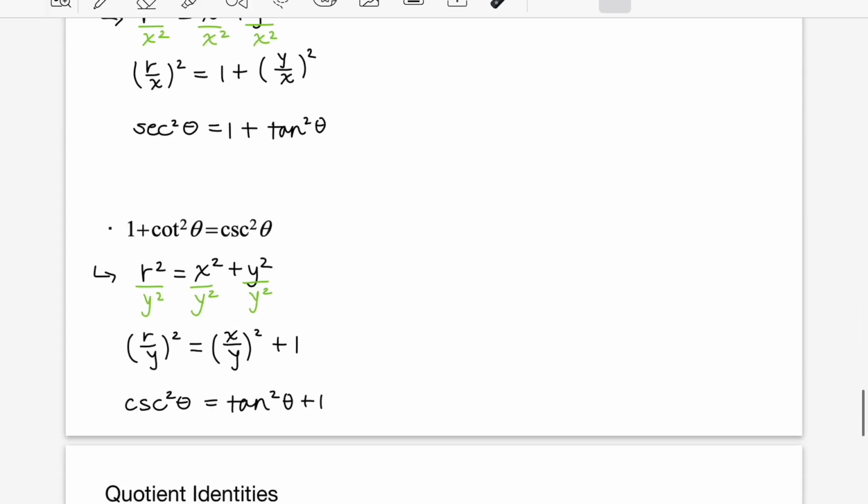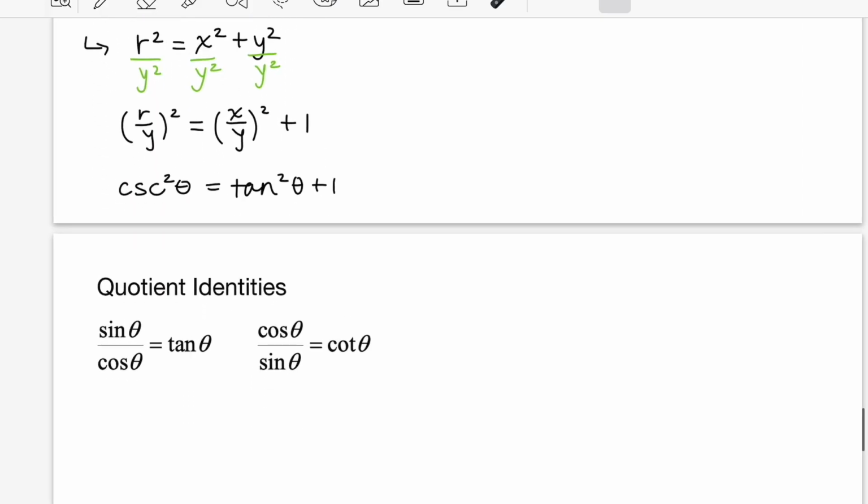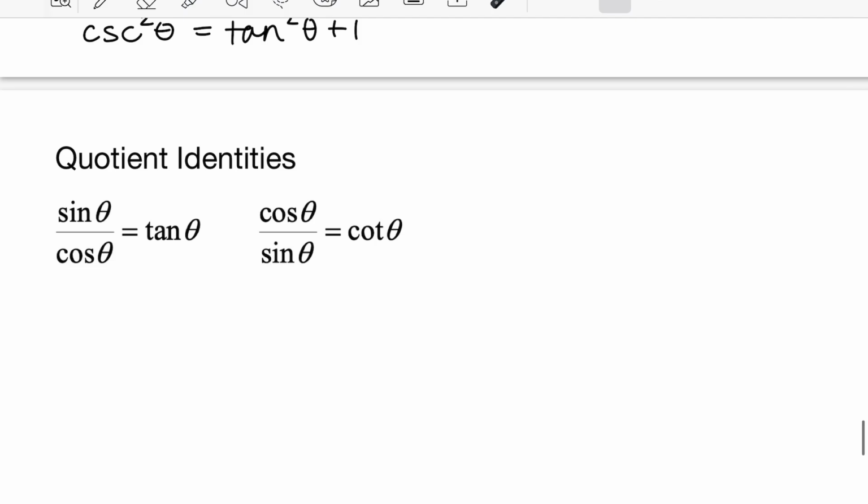The next identities we're going to look at are quotient identities. That is sine theta over cosine theta is equal to tangent theta, and cosine theta over sine theta is equal to cotangent theta. We can also use our knowledge of these functions to show these. For example, sine theta over cosine theta, we know that this is going to be y over r, that's sine, over x over r, cosine.